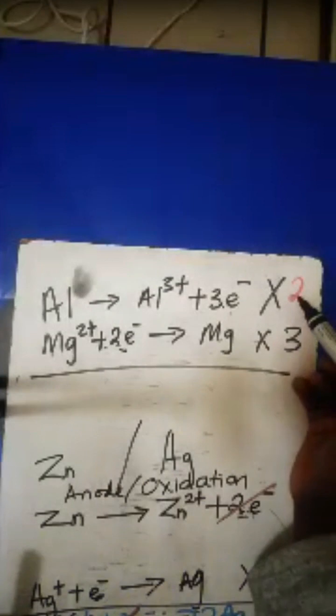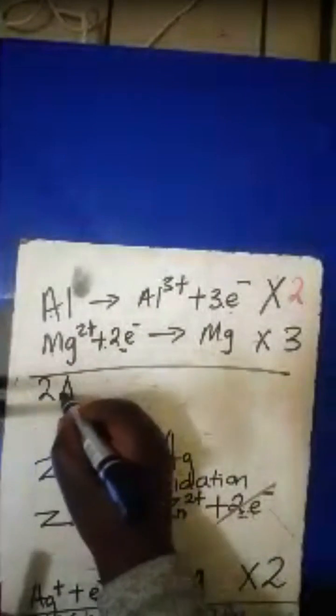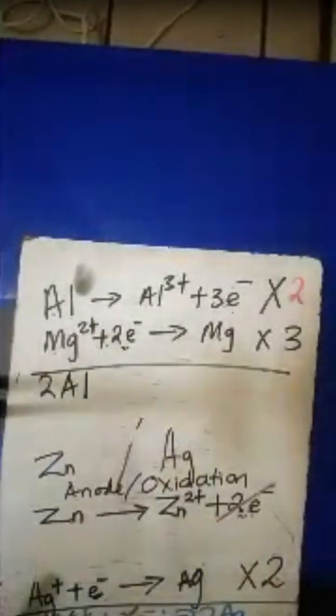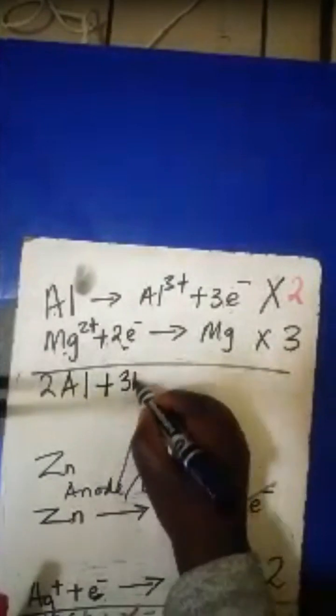So what remains on the left side? I'll have 2Al plus 3Mg2 plus. I am copying what is on the left hand side, please.